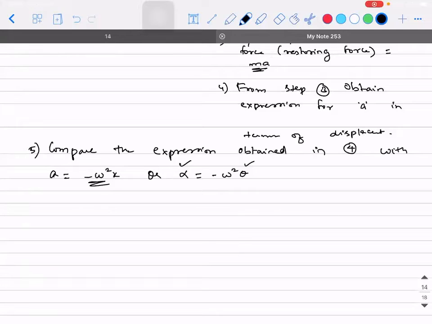It will depend on the problem, whether you're trying to solve a problem in translatory motion or rotational motion. If you're doing a problem based on translatory motion, you will get A is equal to minus omega square x.